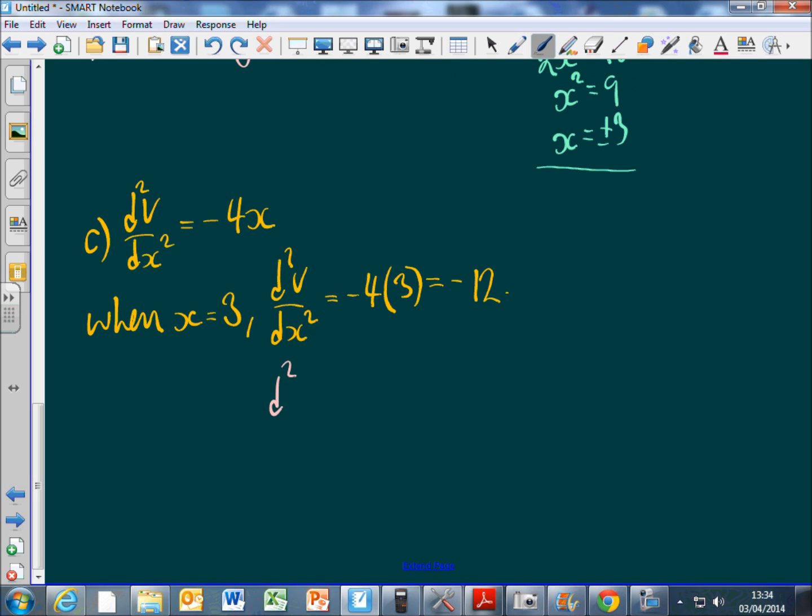This one involves a lot of statements. So you have to say it's stationary when it equals 0, and you will also have to say this: d2v dx squared is less than 0 in this case, which means what? So it's a maximum. So come to that in a second. So it's a maximum.